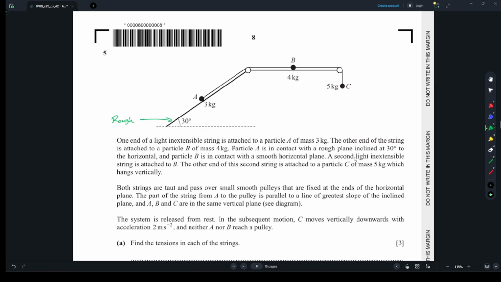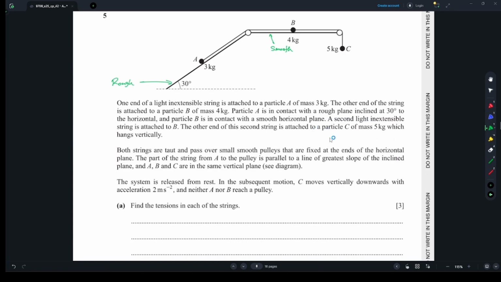The particle B is in contact with a smooth horizontal, so this plane is smooth. And attached to particle C.